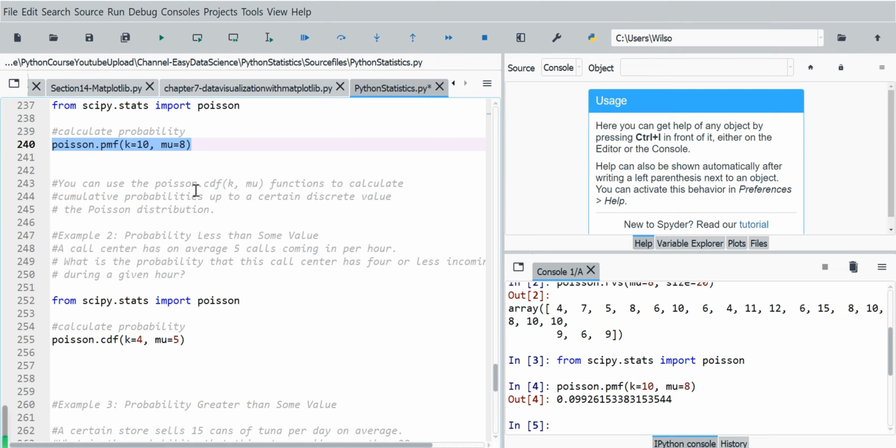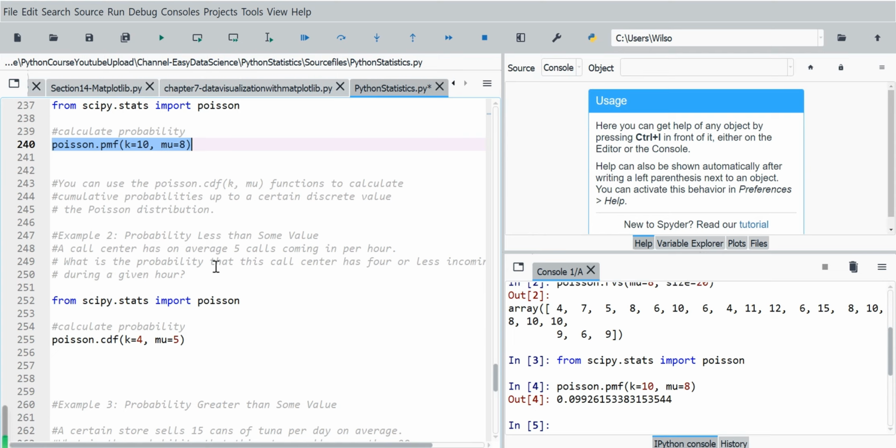The next function is Poisson CDF. The example is to calculate the probability of being less than some discrete value. A call center has an average of 5 calls coming in per hour.